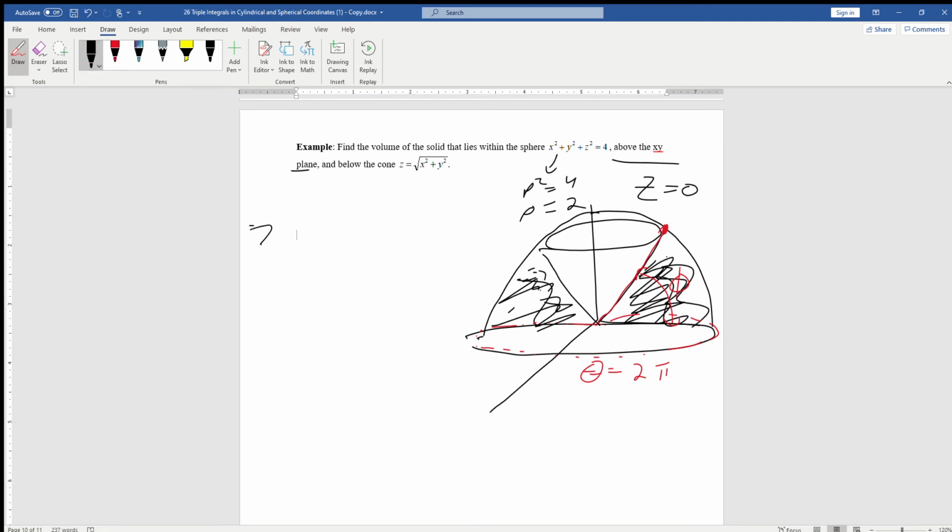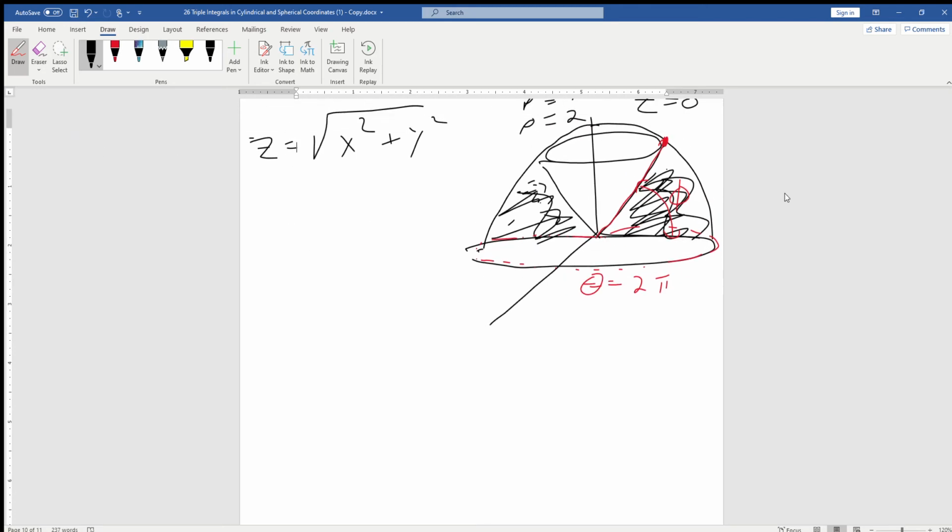We can say that z is the square root of x squared plus y squared. And recall that we have the different definitions for z, x and y in spherical coordinates. I'm going to have to do this down here to get some room, but z, remember, is rho cos phi.